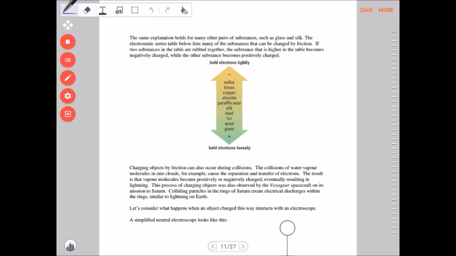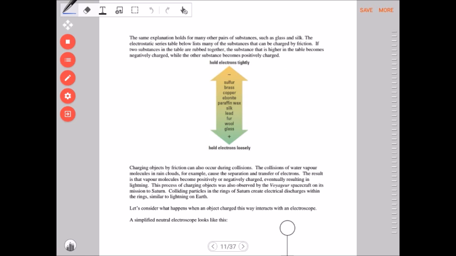All right, moving on. The same explanation holds for many other pairs of substances, such as glass and silk. The electrostatic series table below lists many of the substances that can be charged by friction. If 2 substances in the table are rubbed together, the substance that is higher in the table becomes negatively charged, while the other substance becomes positively charged.